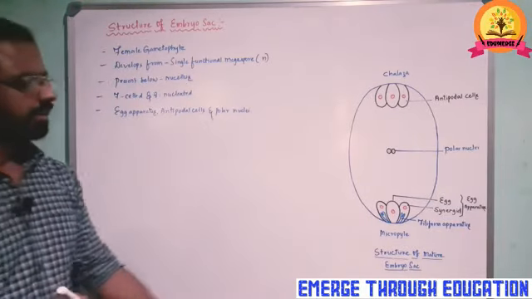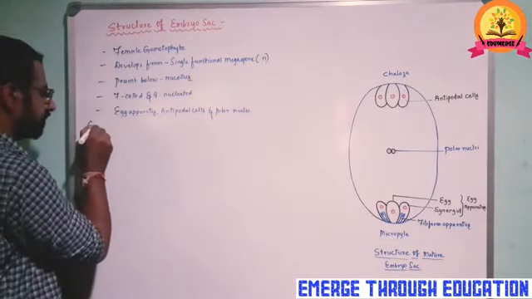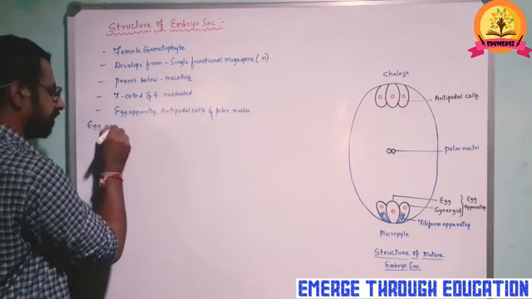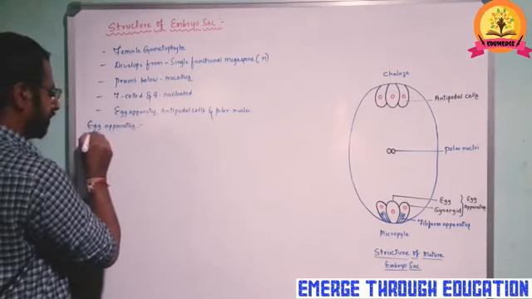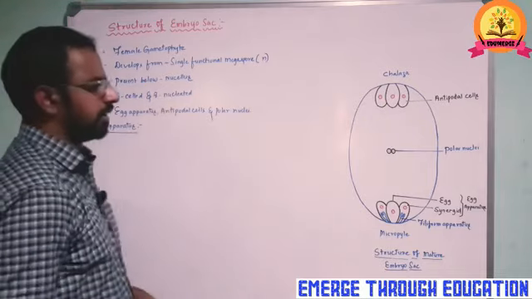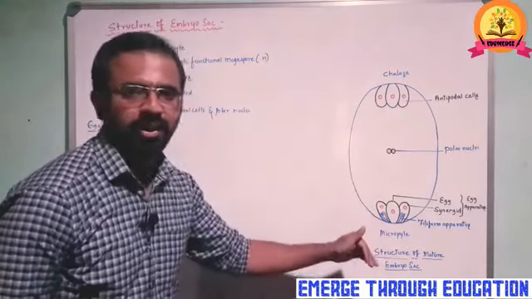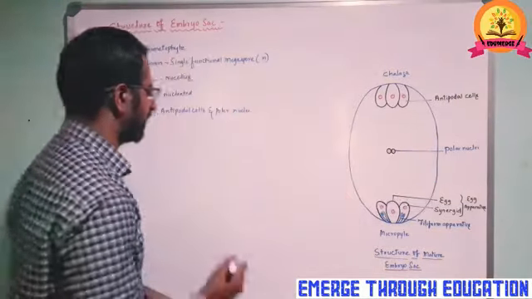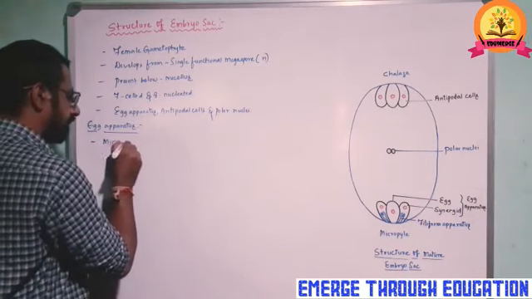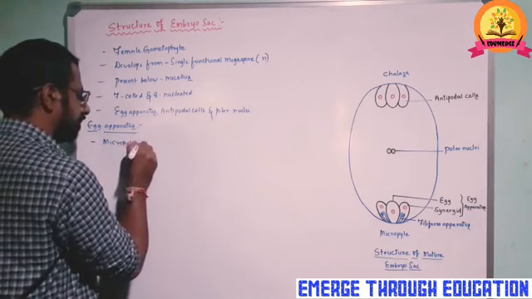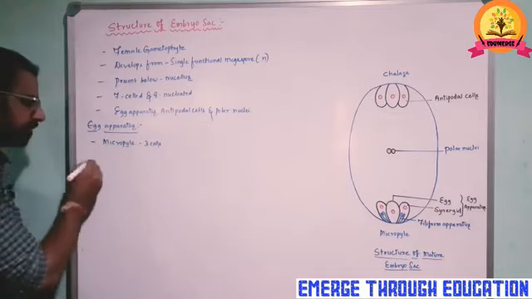In this, first one is the egg apparatus. In an embryo sac, the 3 cells which are present towards the micropylar end, towards the micropyle, they are the egg apparatus.